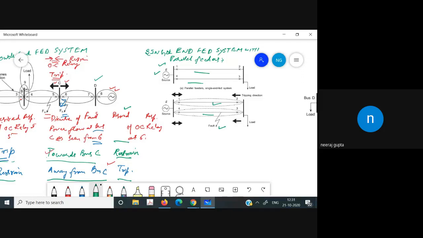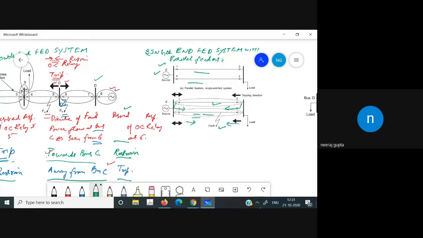So in that very case, we have to use the directional relays.